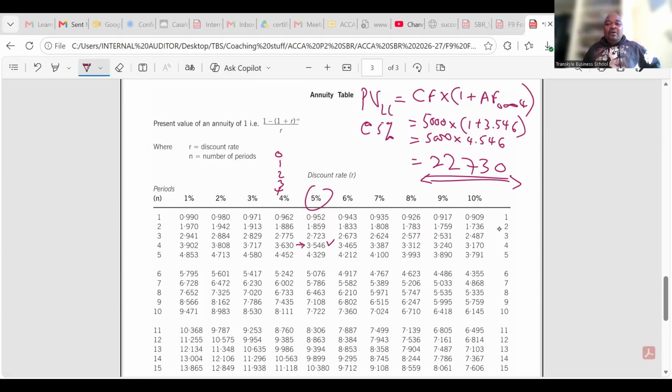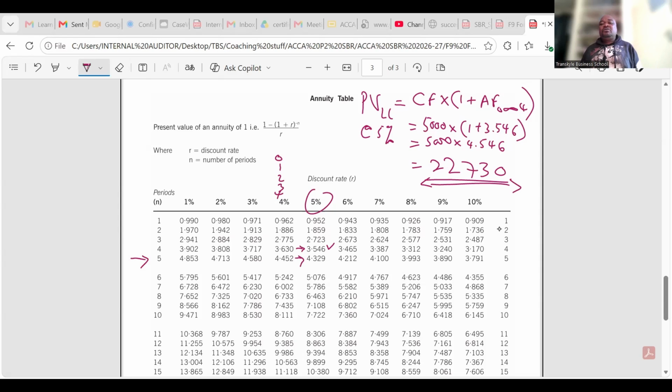But what if you wanted to use year 5? You want to use year 5, what are you going to do? Let us say they have given you 4.329. If you are given that one, it simply means this is the ordinary annuity method.